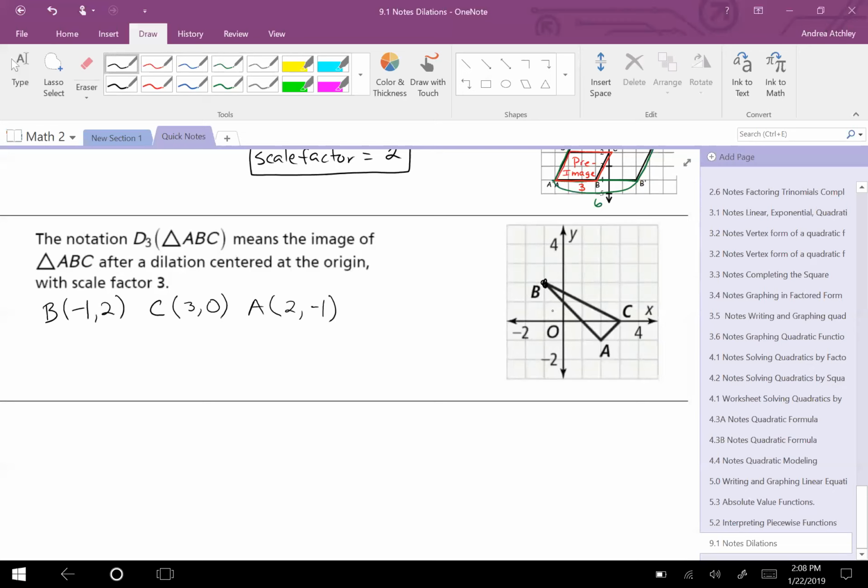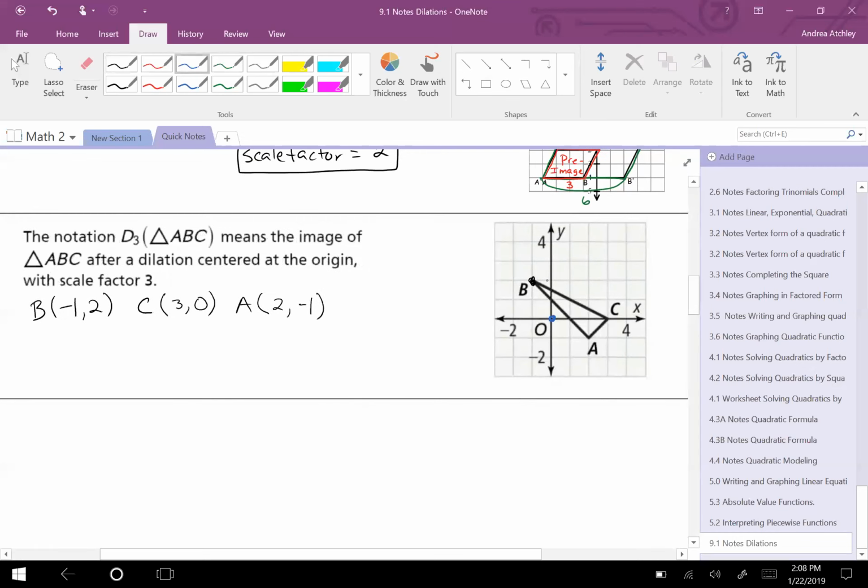Okay. Our origin is right here at 0, 0. That's what the O stands for, origin. And I want to see how far this is away from the origin. So I have to go up 2 and over 1. Does that make sense?